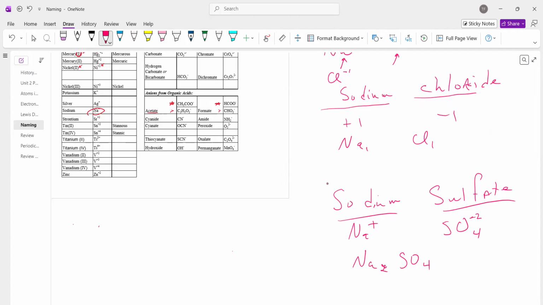Now, for those of you who like patterns, we are going to write this two ways. I'm going to put parentheses around the multi-atom anions, the SO4s, the SO3s, the SO2s, the HSO4s.